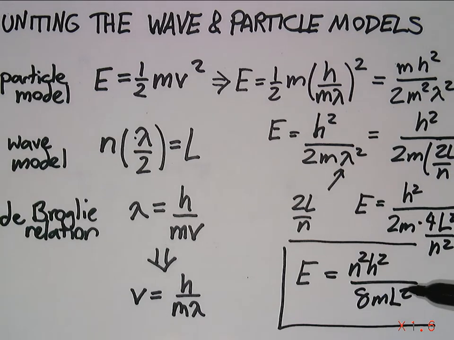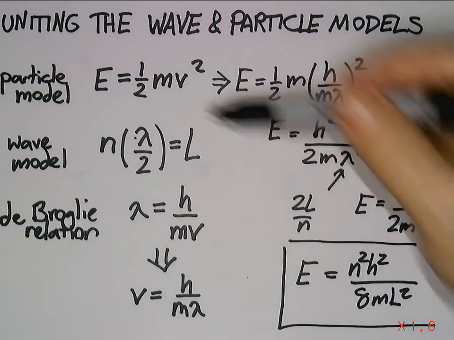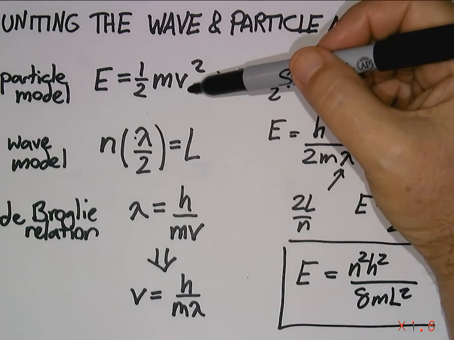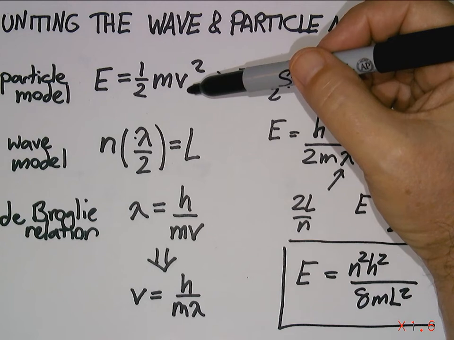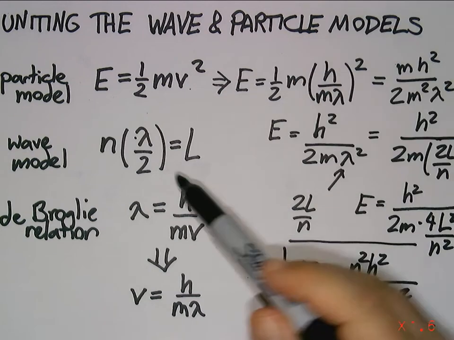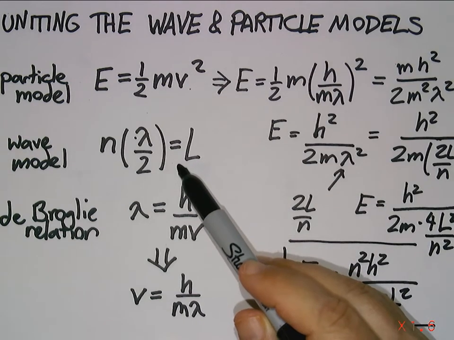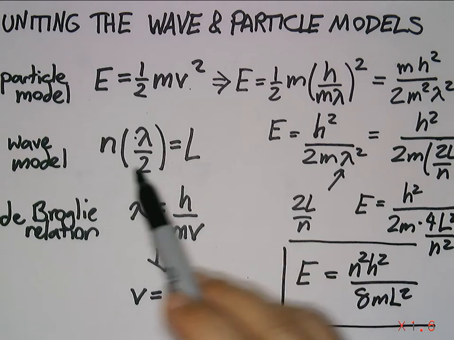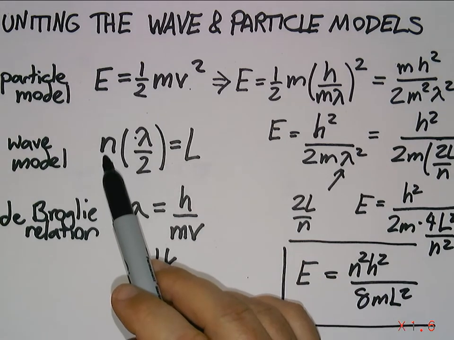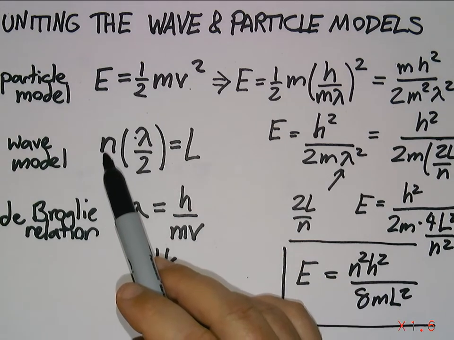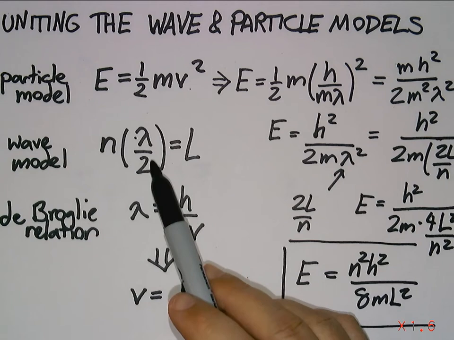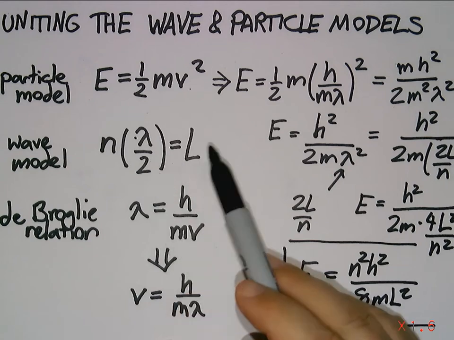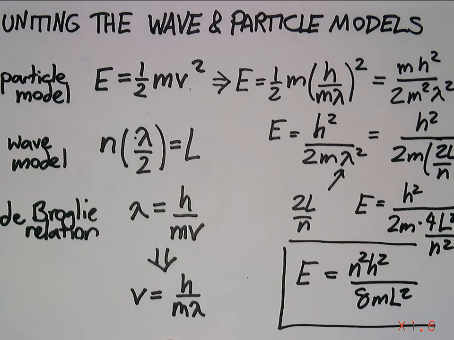So, if I ask you, how did I get this equation, which tells me the energy levels for the electron on a wire? You'll say, you got a particle model, and you calculated the kinetic energy for the particle. You got a wave model, and you saw that there were restrictions on the wavelengths. Specifically, the restriction is there is an integer number, which we call the quantum number n, of peaks and troughs, which are half wavelengths, along the length of the wire.